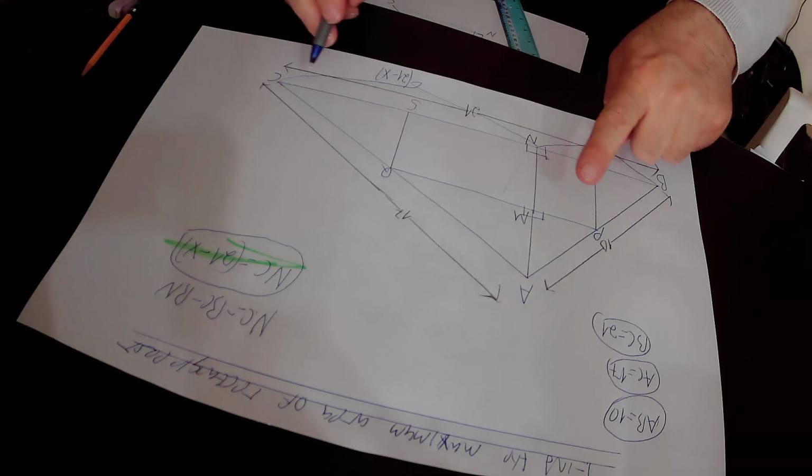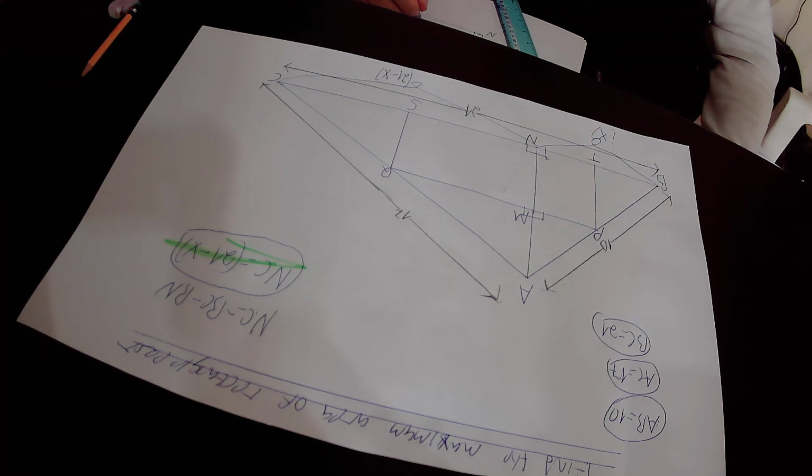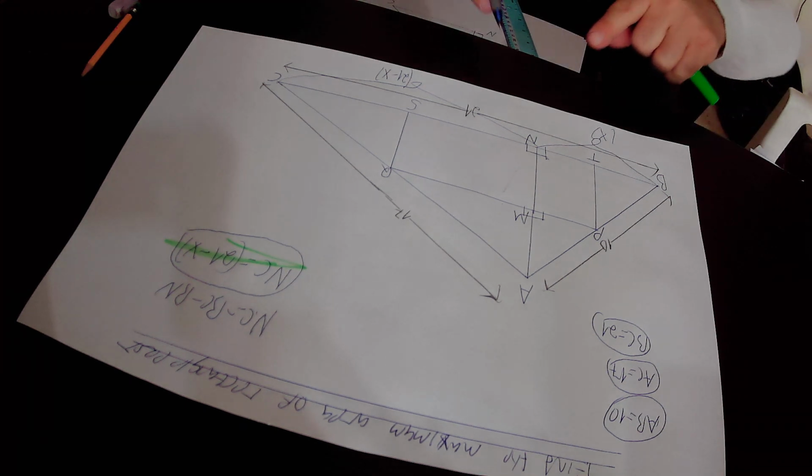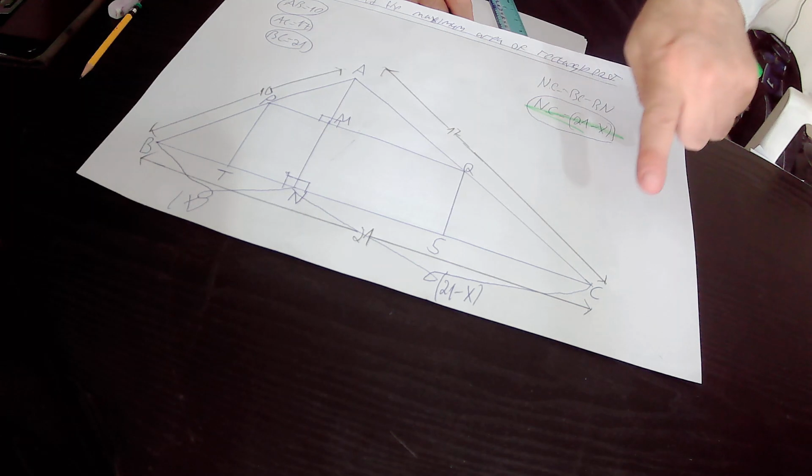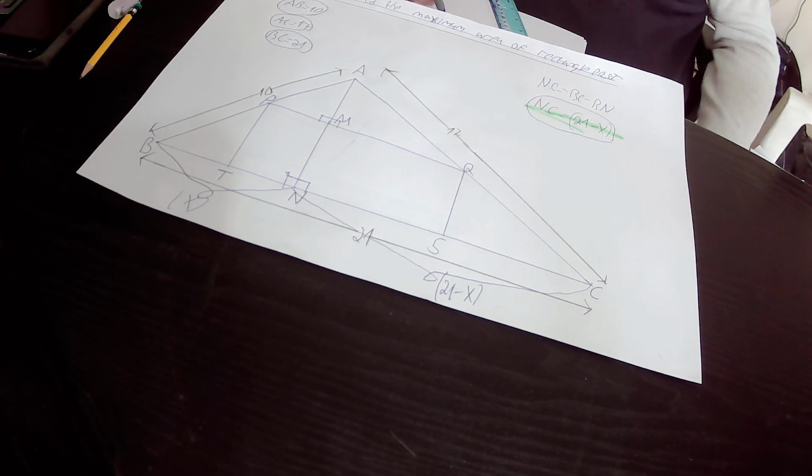The hypotenuse AC equals 17 units, according to what is given in the question. Side NC equals 21 minus x.